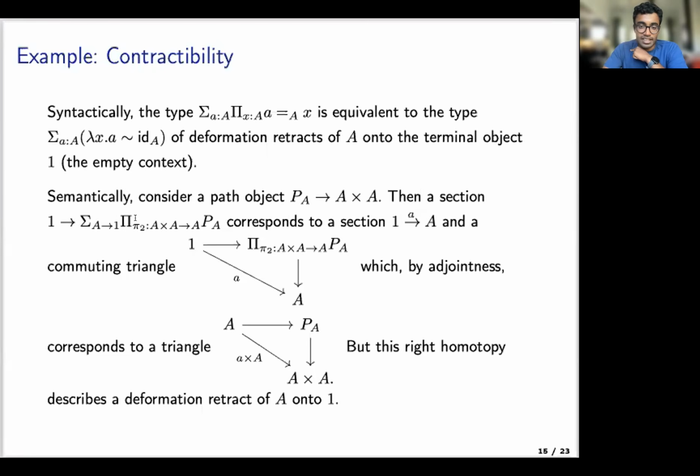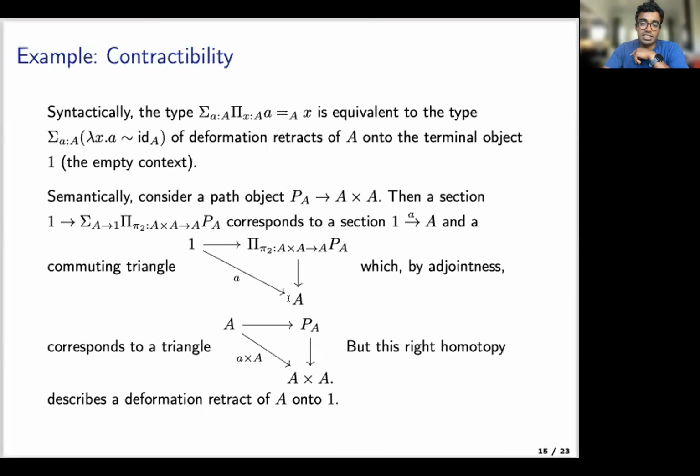And so a section of this thing, well, what is it? I can post-compose this with the, so this thing is, as an object, exactly the same as this guy, and it lives over A. And so I can post-compose this with A that gives me a section of A, right?